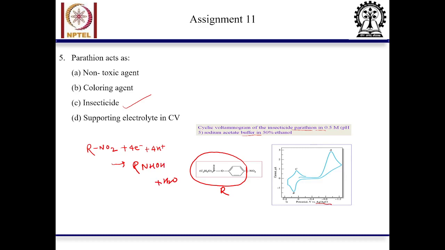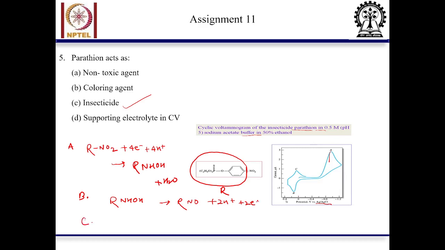You can do DPV to get the exact potential and number of electrons transferred. That is the first reaction. Then what corresponds to B? B is your RNHOH going to RNO, which is called nitroso, giving 2H plus and 2 electrons. So it's a 2 electron transfer, and this peak is reversible.